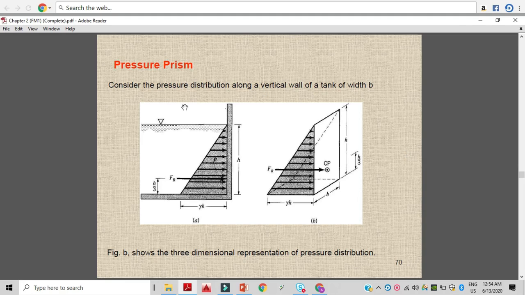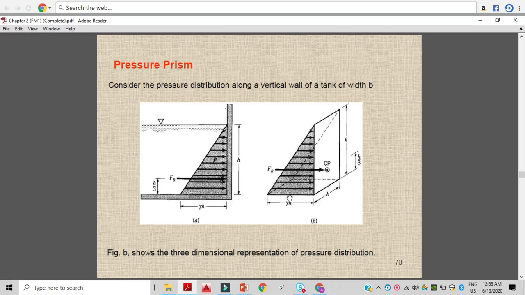Here we can see that we consider the pressure distribution along a vertical wall of a tank of width B. So consider this is the width in three dimensions. You can see it is appearing as a prism. This is the width B. This is the maximum pressure, which is acting at the bottom, because this is the maximum height.